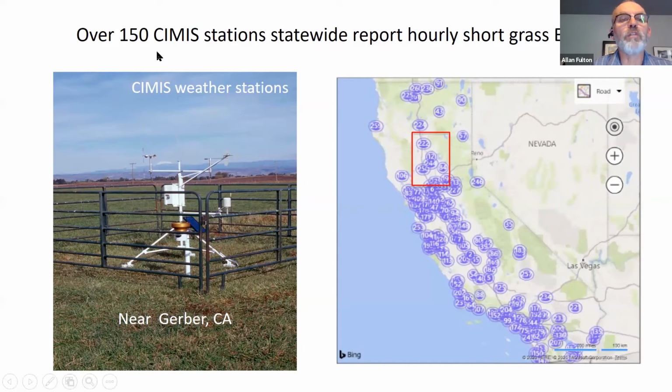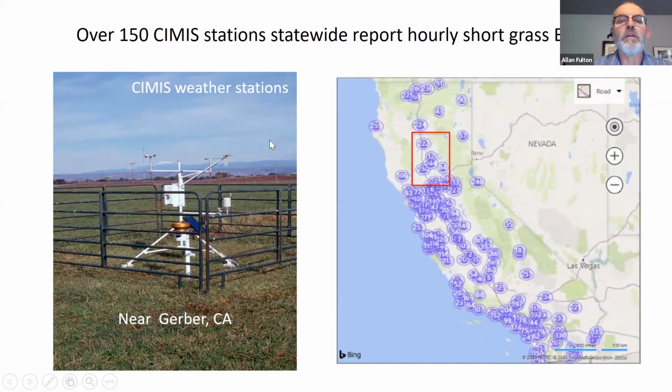There are 150 weather stations in California. They report hourly ET for short grass reference conditions. In the Sacramento Valley, we have 8 CIMIS weather stations. This is an example of the CIMIS weather station located in Tehama County. It is the Gerber weather station number 222.